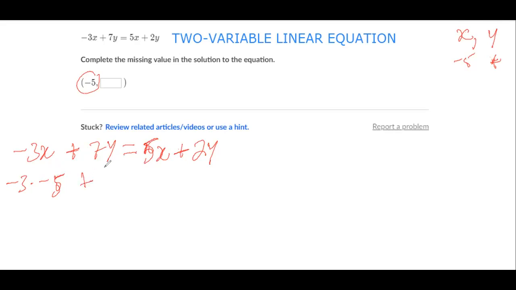Plus 7y equals, right here we have x also, 5 times, that means multiplication, times minus 5, plus 2y.